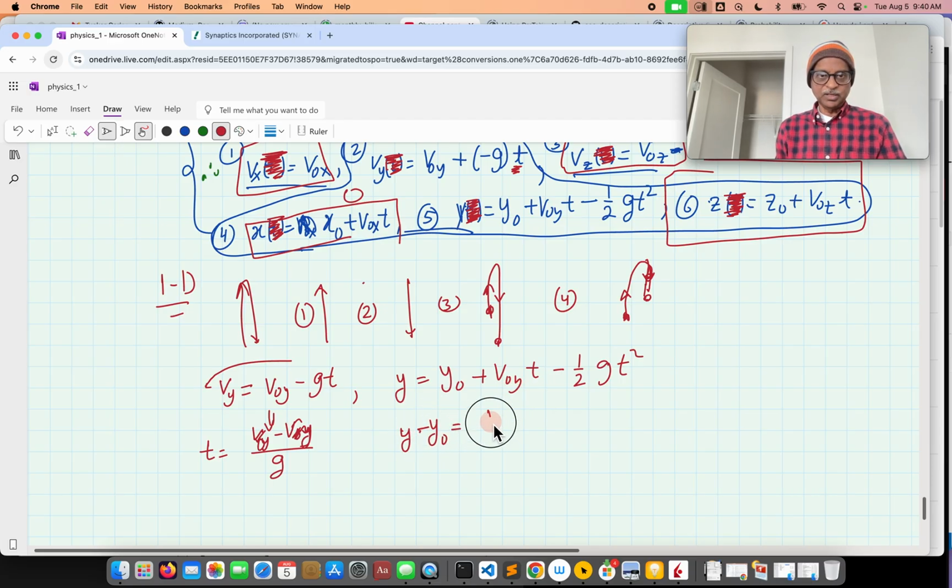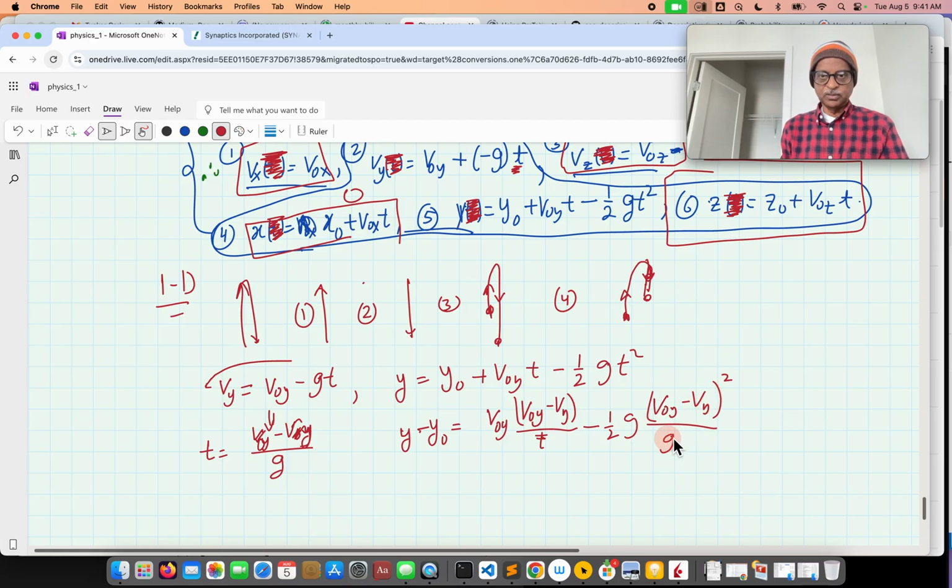So V0y, V0y minus Vy over t minus half g, V0y minus Vy squared over this over g. So you can see these two expressions will combine.